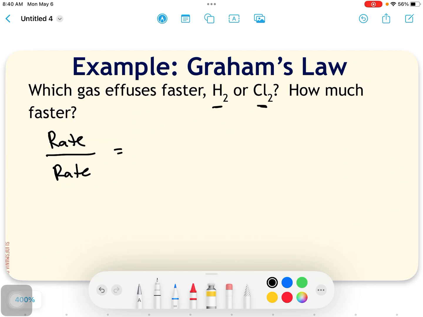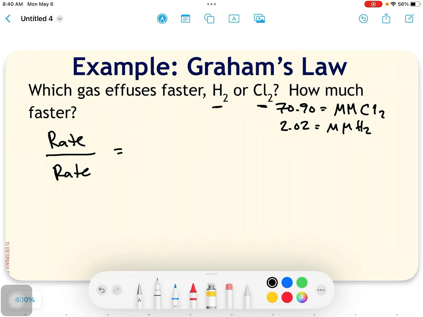Okay, so if I look at these 2 molar masses, chlorine is 35.45 for 1 chlorine atom, so that would be 70.90 for the molar mass of chlorine gas. Hydrogen is 1.01 times 2, which is 2.02, the molar mass of hydrogen.